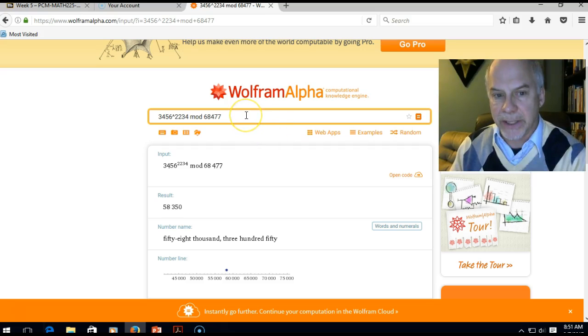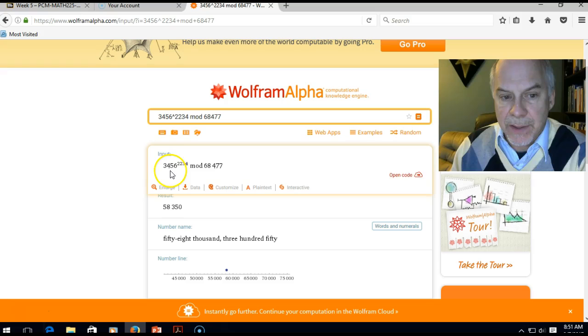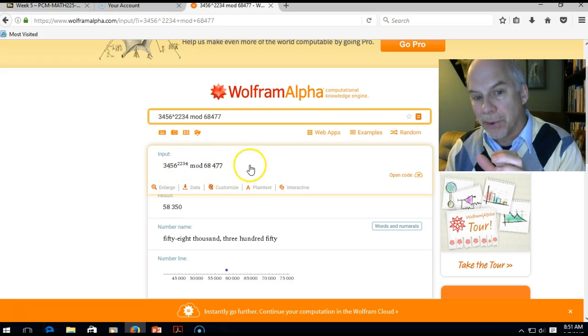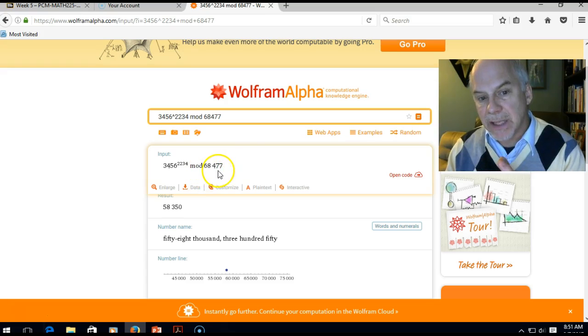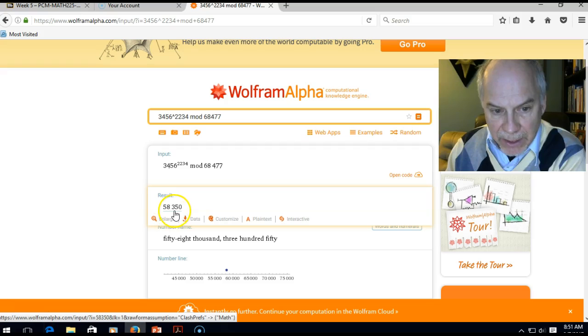So what I did here is enter 3456 to the power of 2234 mod 68477. It does this to the power, and then it finds the remainder when you divide by 68477. And the result is 58350.